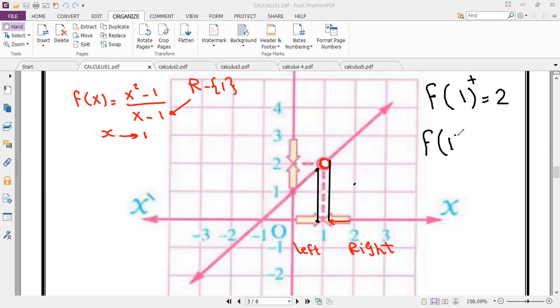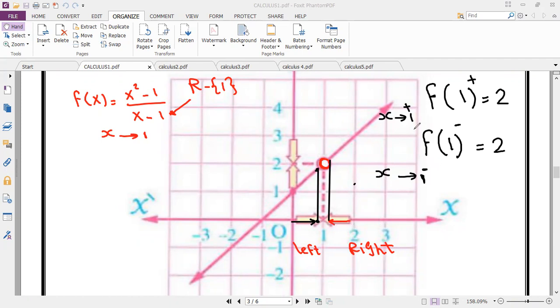And the limit of the function from the left, as x approaches 1 from the left here, you will find the value of the function is 2. So here x approaches 1 from the right, x tends to 1 from the right. It's not positive 1, it's 1 from the right. And here x approaches 1 with a negative sign, which means x approaches 1 from the left.